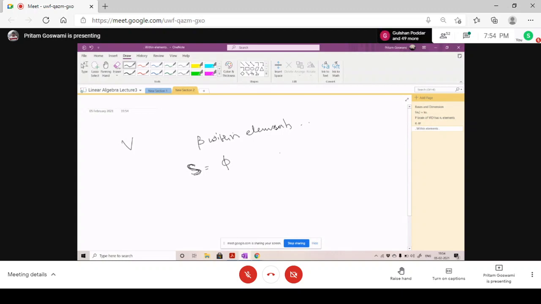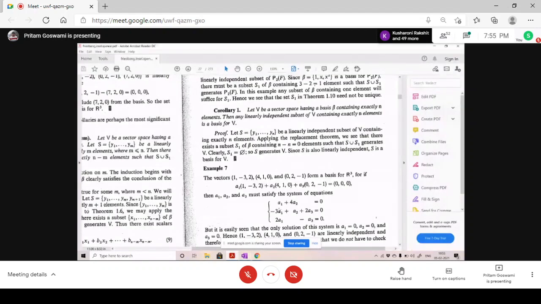Then what will happen? If I take all the elements from beta, so basically S union beta will generate the set V, right? Clear?